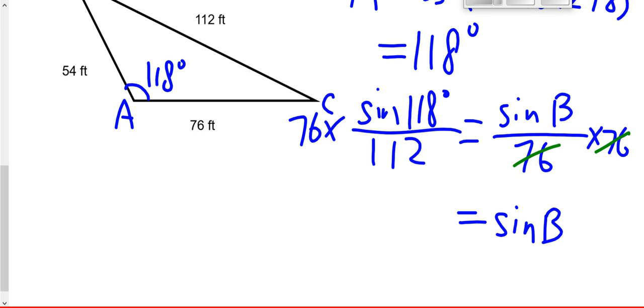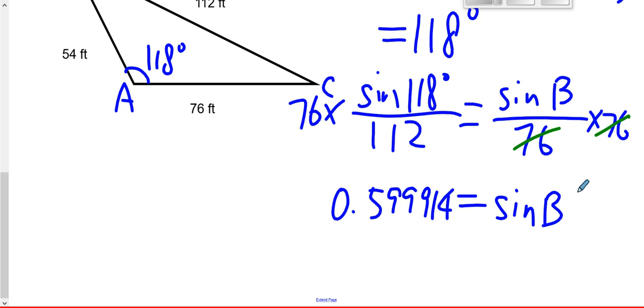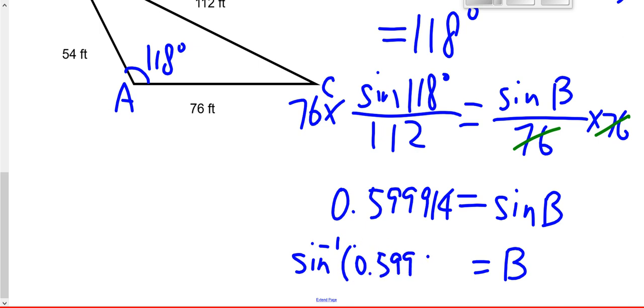If you plug the numbers into your calculator, you should get 0.59914, and then do the inverse of sine. So angle B is inverse of that 0.5999.